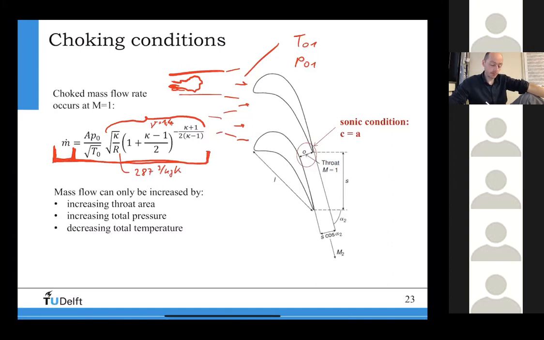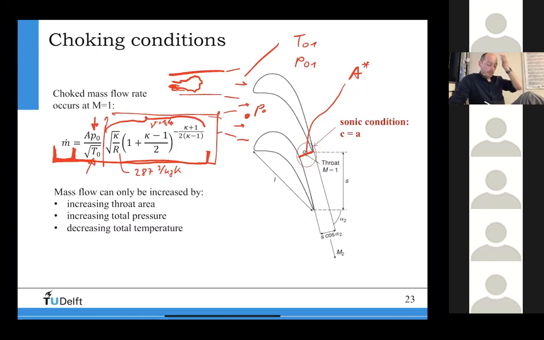Of course, it depends on the fluid, but if I always deal with the same fluid, it's just a constant here. And then you can see that the mass flow is determined simply by the throat area, which is this one here. This is the throat area, the smallest area, usually called A star, and by the total pressure at the inlet of the turbine, P0, and T0.